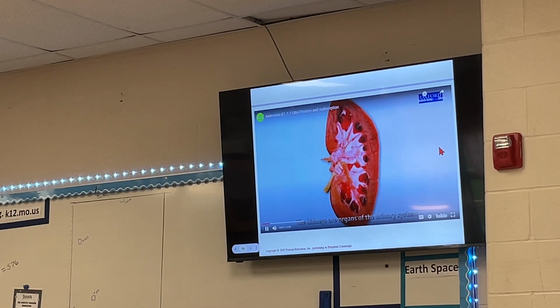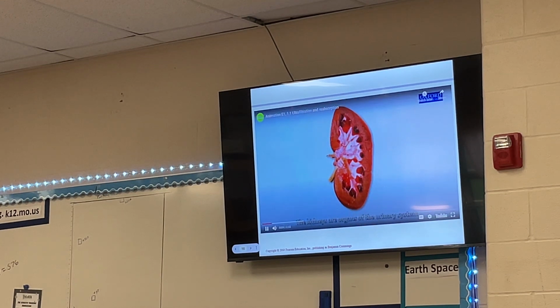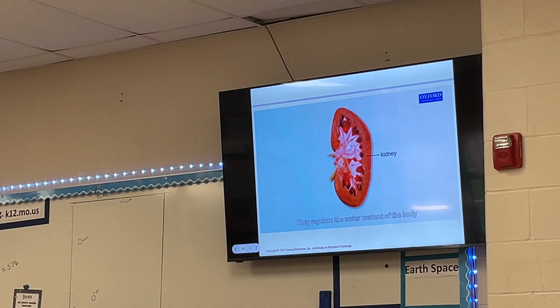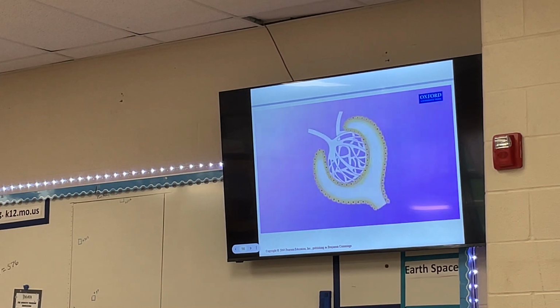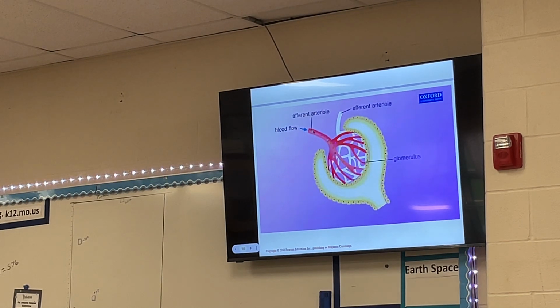The kidneys are organs of the urinary system. They regulate the water content of the body and remove metabolic waste through the formation of urine. How does urine form? When blood reaches the glomerulus, it is maintained at a relatively high pressure.